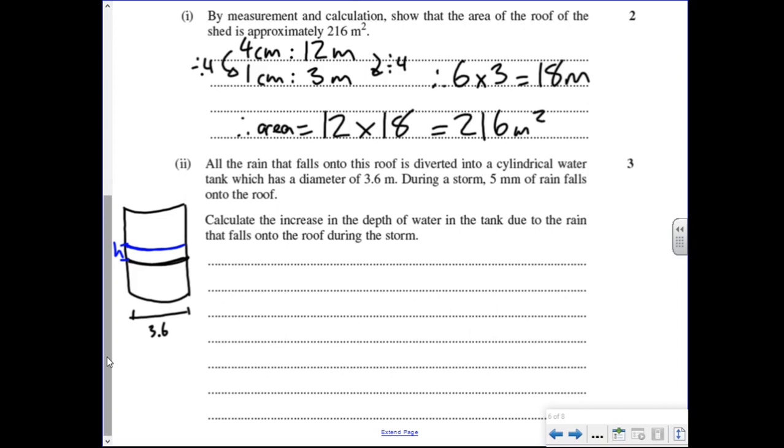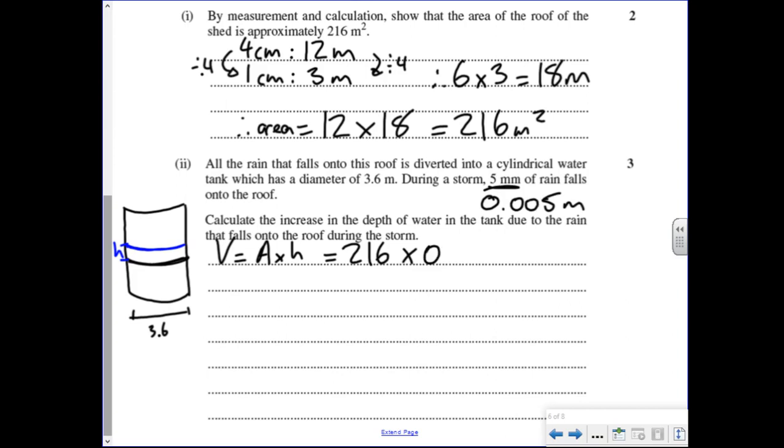Remember, volume equals the area times the height. We know that the area was 216 from the previous question, and we got the 5 millimeters of rain. If we divide it by 10 to make it into centimeters, and divide it by 100 to make it into meters, because they need to be in the same unit, this becomes 0.005 meters.